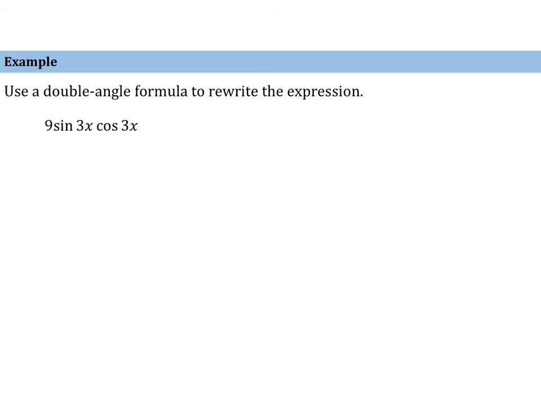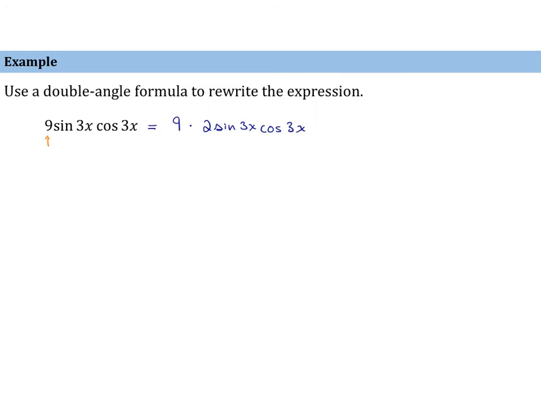So now, if we look at 9 sine 3x cosine 3x, it's a little bit more complicated because 9 isn't so easily separated. So let's force a 2 into this expression. So 9 sine 3x cosine 3x, I'm going to write as 9 times 2 times sine of 3x cosine of 3x. But this is wrong.